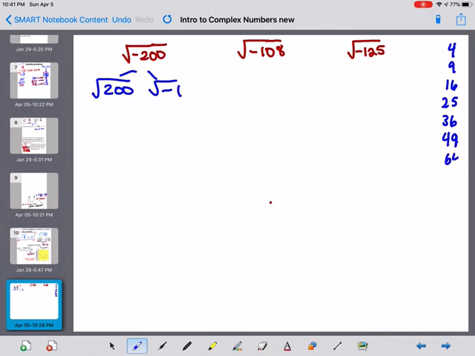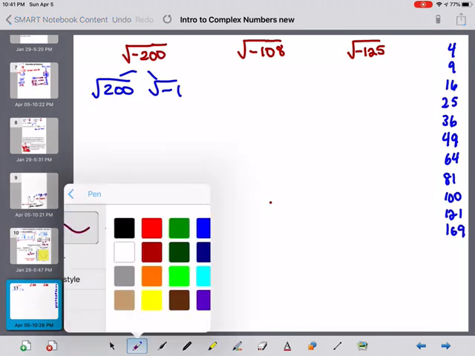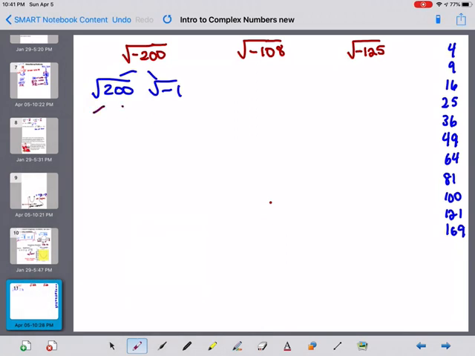You may have already guessed it, and you were right, it's 100. I always write the perfect square in front, and 200 divided by 100 is 2.